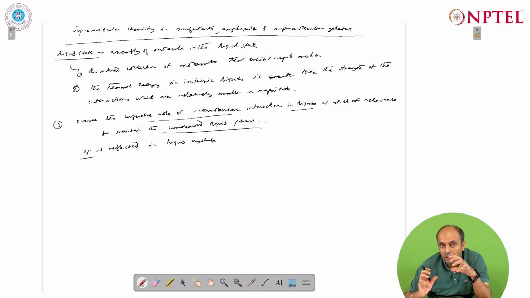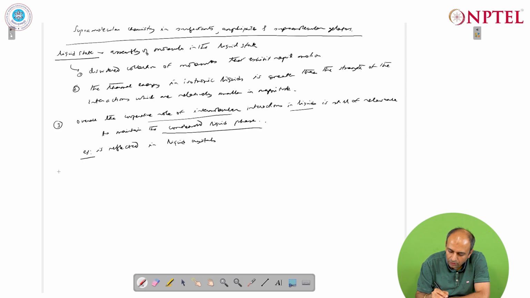They do not have the absolutely frozen geometry characteristic of solids, but they exist in a phase intermediate between the solid and the liquid. This is a special phase referred to as liquid crystals, and they exhibit very different properties. We will talk about liquid crystals towards the later part of this week, and so the presence of liquid crystals also characterizes the significance of the liquid state.